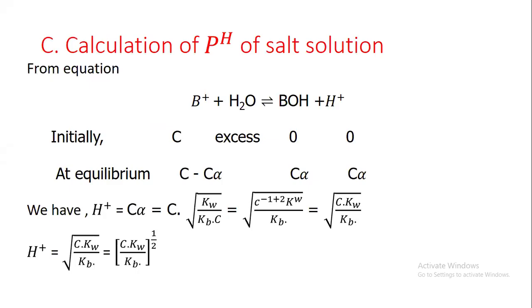Calculation of pH of the salt solution. From the equation B+ plus H2O giving BOH plus H+, we have [H+] equal to C alpha, equal to C root over Kw over Kb C, and solving we get [H+] equal to root over C Kw over Kb.